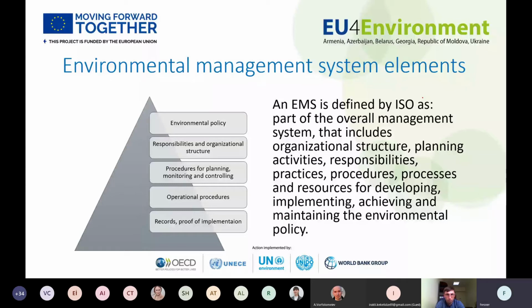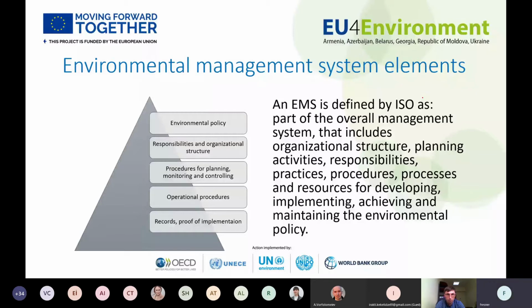We talked about the policy, the responsibilities, organizational structure, procedures to organize interaction of key people, operational procedures for areas with environmental impact, and records.